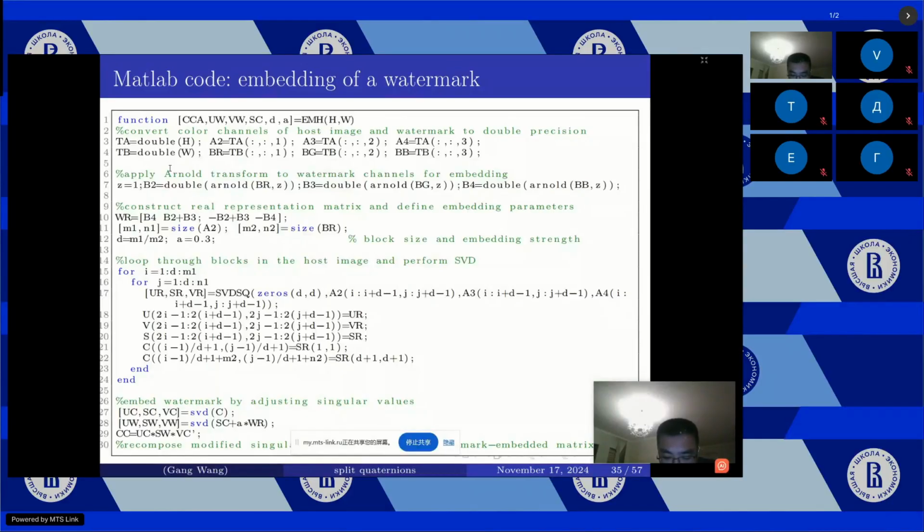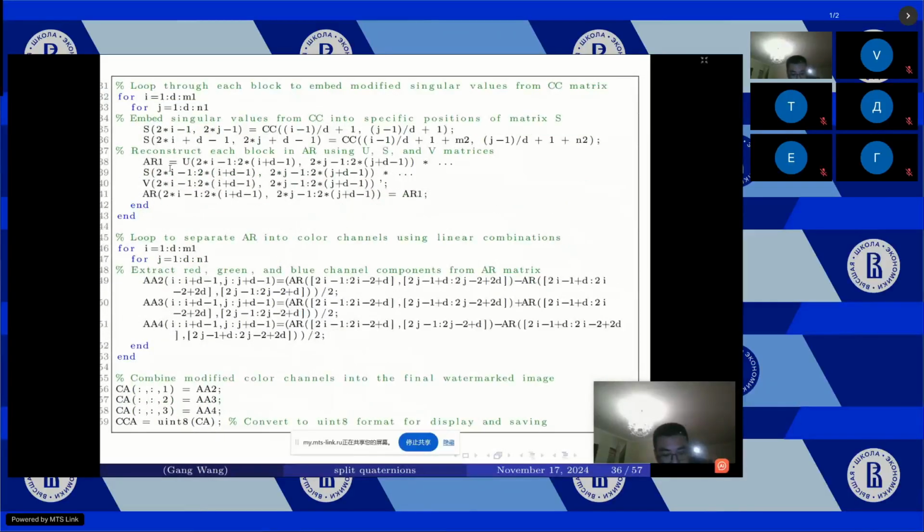From this, the maximum singular values are extracted to form a new singular value matrix, which is also subjected to SVD. The watermark is embedded by executing a linear combination with this singular value matrix. Finally, the content on page 36 outlines the reconstruction of the watermarked data back into the host image, completing the watermark embedding process.